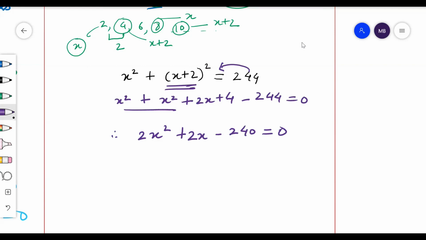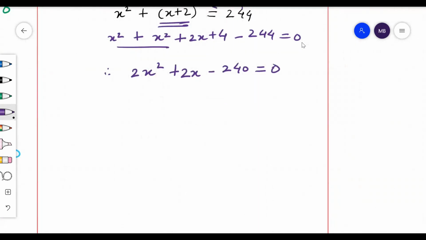Now when you see, you can use this as a quadratic as well, but when all the three coefficients, that is a, b and c, can be divided by the same number, please do that. We need to simplify our quadratic as far as possible. So now if I divide this by 2, we know 2, 2 and 240, all the three can be divided by 2.